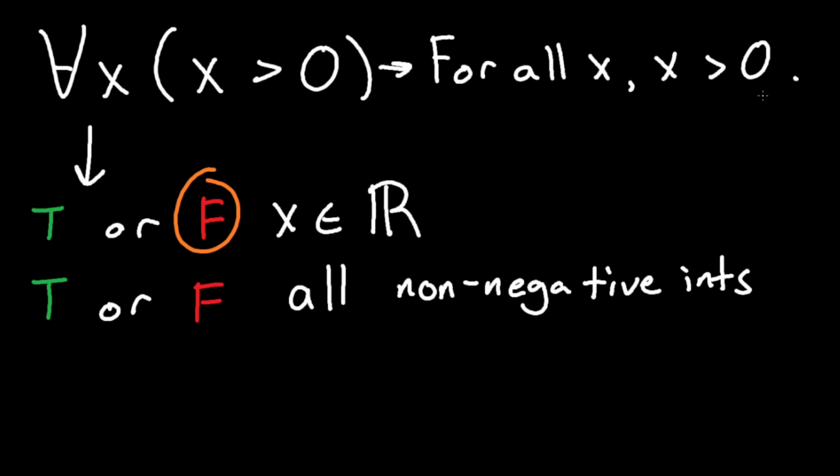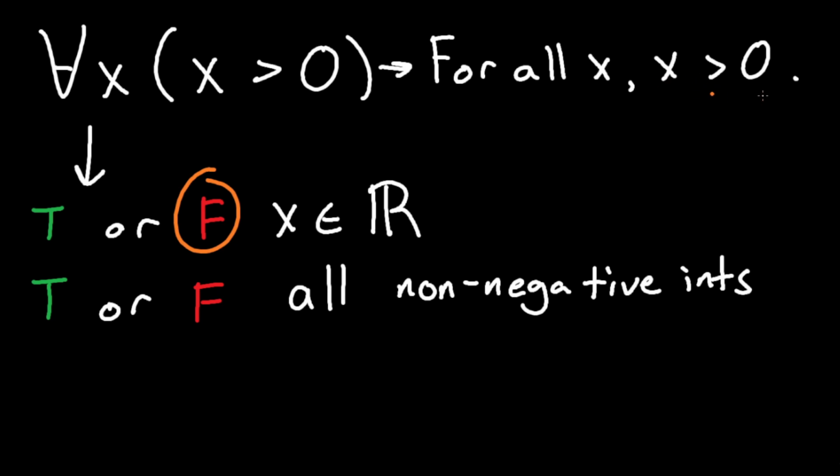Here's the thing. There's a single non-negative integer that makes this statement false, and that's 0. 0 is a non-negative integer. Of course, I didn't expect you guys to know that. Before I took discrete math, I didn't even know what non-negative meant. I didn't care about these terminologies. If you did, congratulations. But 0 is a non-negative integer, and 0 is not greater than 0.